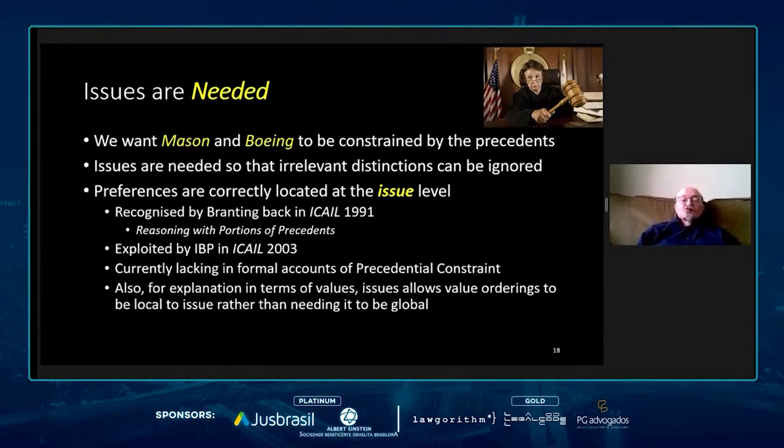Also, for explanation in terms of value, issues allow values to be local to issues rather than global, and the global requirement has presented problems in the past for value-based explanation.